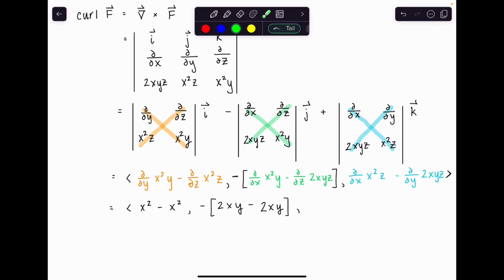And then the partial with respect to x would be 2xz. And the partial with respect to y, this becomes a 1, so you get minus 2xz. So it ends up being that everything cancels out, and the result in this case is the 0 vector. Okay?